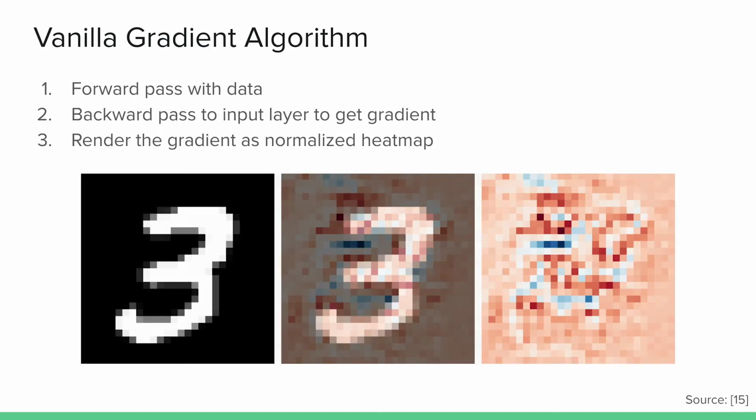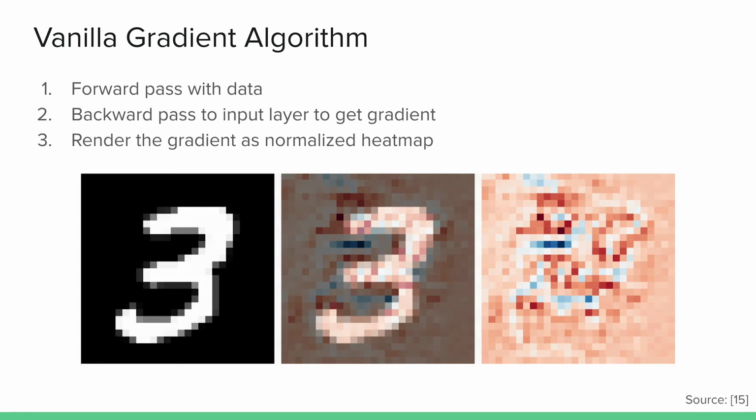To compute such a saliency map, there is a kind of vanilla gradient algorithm that is the easiest way we can do this, and it works the following way. We do a forward pass with some data, and then we compute our gradient by doing a backward pass.